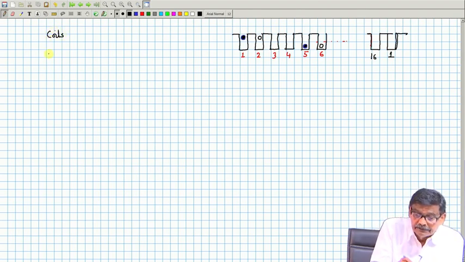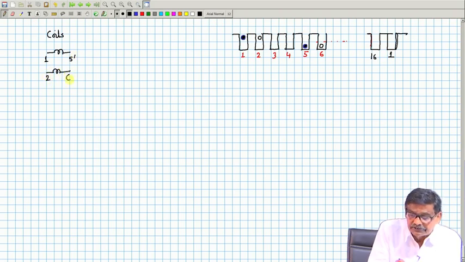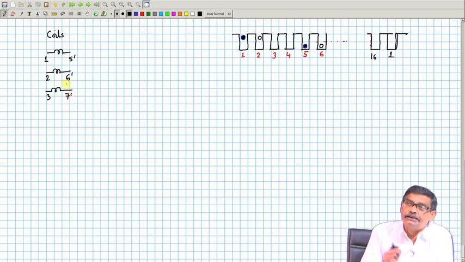So, we have seen first coil, symbolically I am writing, and it has got 2 terminals, 1 5 dashed. Second coil, it will start from slot number 2 to 6 dashed, 3 7 dashed. Number game, all coils will have same span, identical coils.